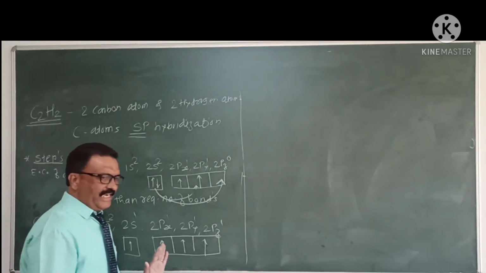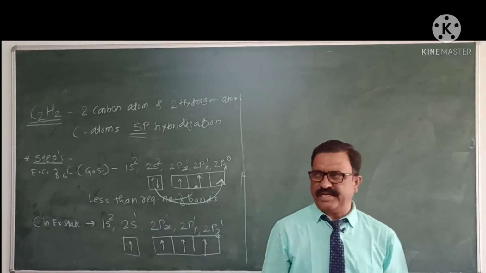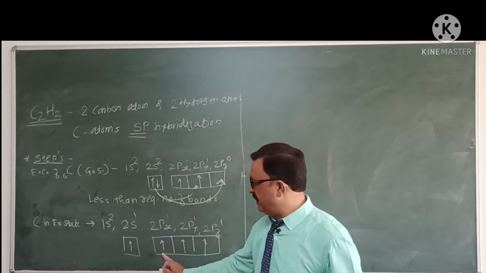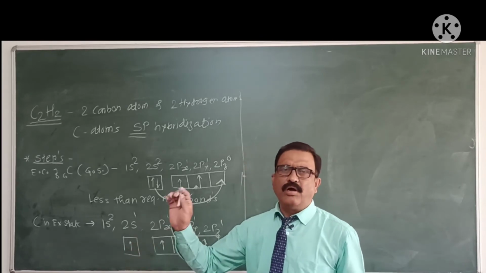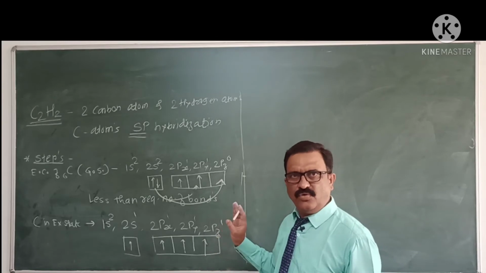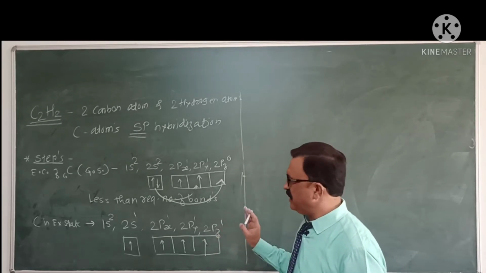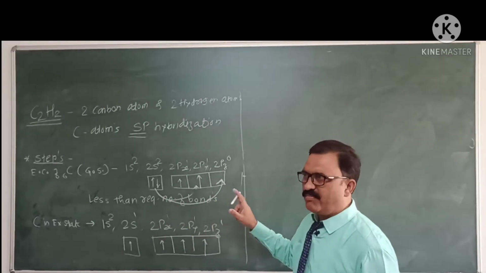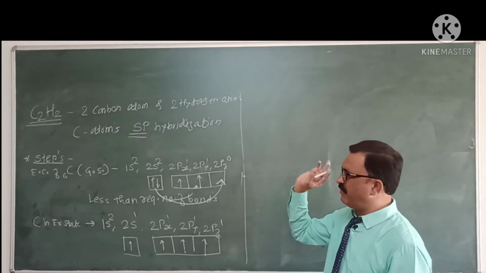Here, the excited state electronic configuration of carbon has 1, 2, 3 and 4 half-filled atomic orbitals, which is equal to the required number of bonds during formation.